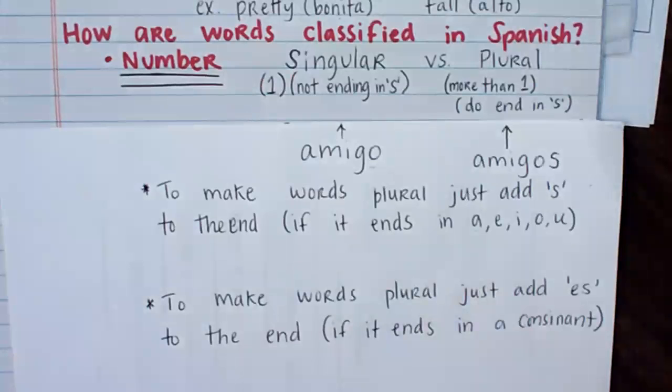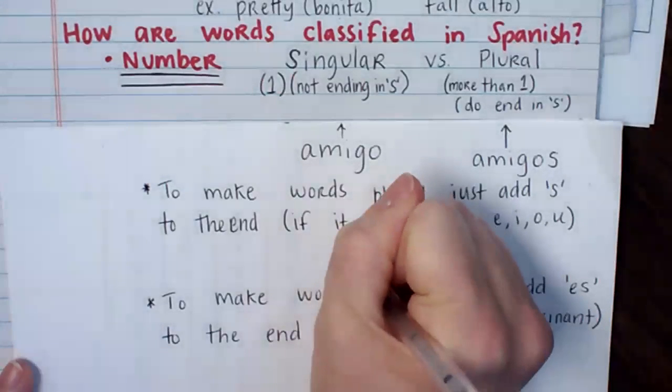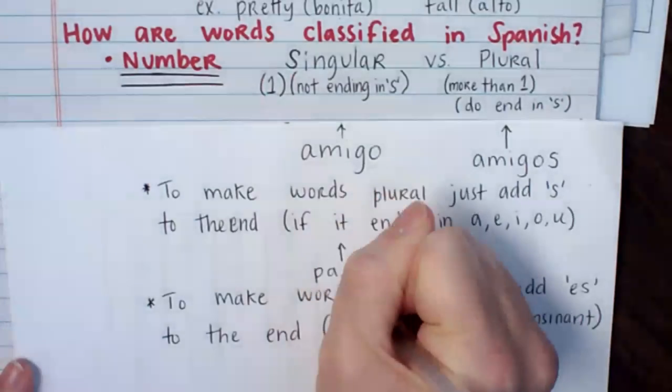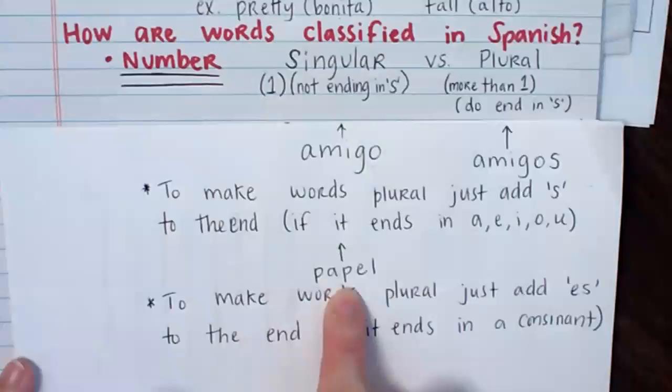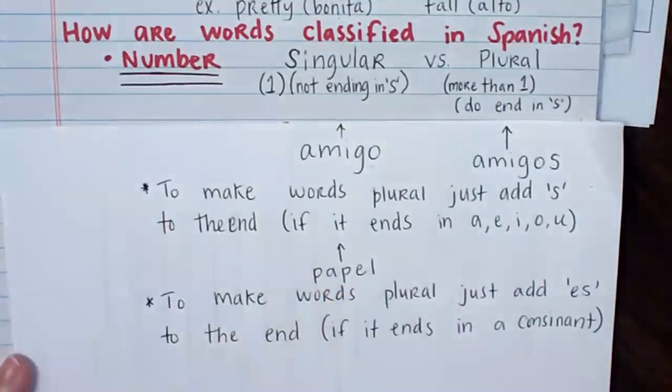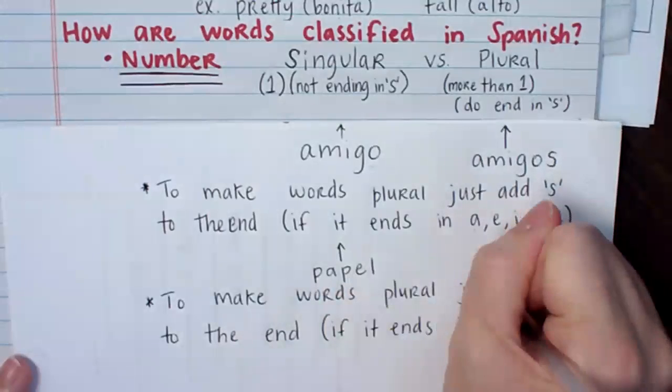So an example, the word paper. So the word papel is paper. If I have one paper, it is papel. But if I have two papers, plural, I'm going to take papel.